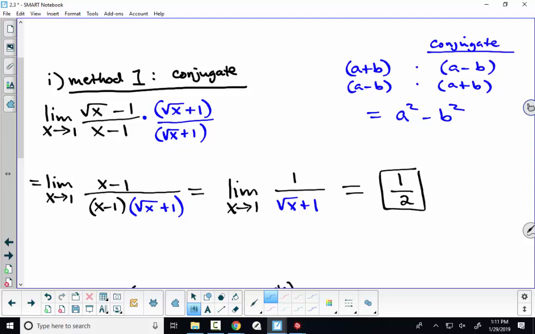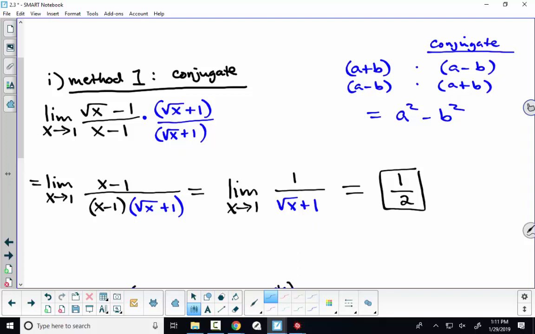So based on our discussion last time, the function root x minus 1 over x minus 1, what is our work showing us is going on there? Yeah, we have a hole. This function has a hole.